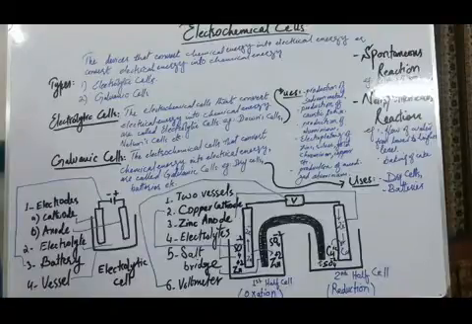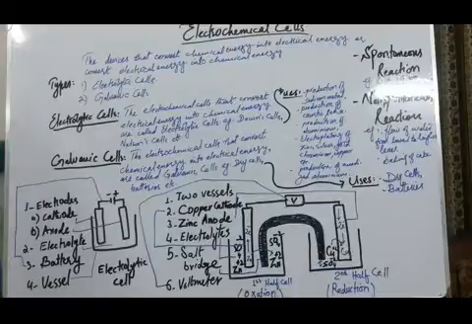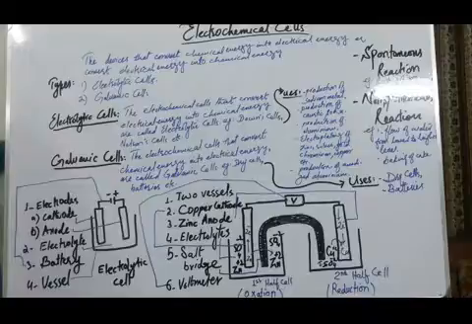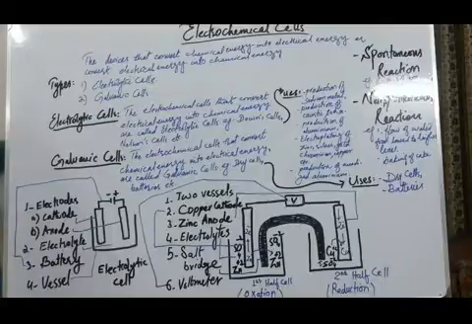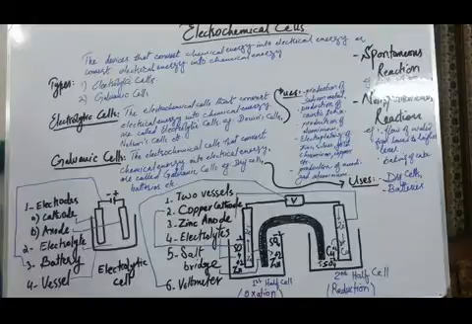Now come to electrolytic cells and galvanic cells. How are these reactions related with these chemical cells? You know, electrolytic cells are those cells in which electrical energy is converted into chemical energy.